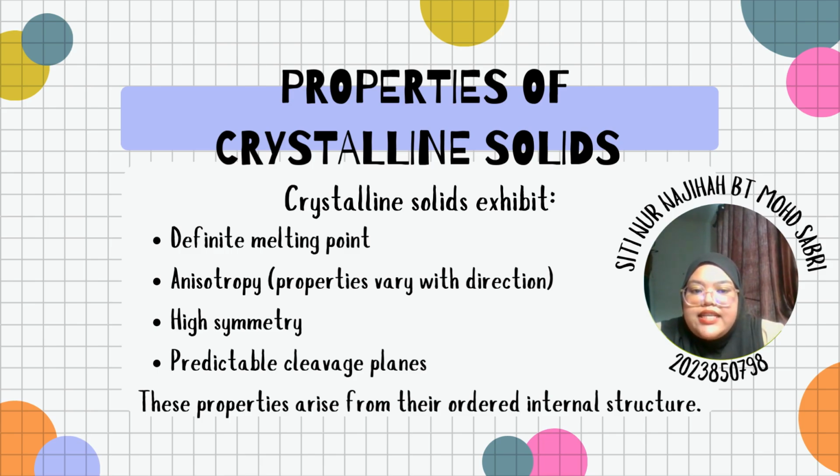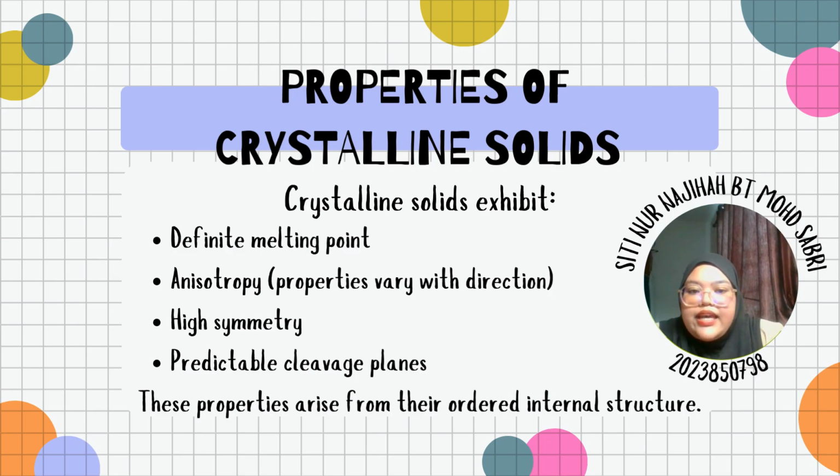Second, crystalline solids show anisotropy. This means their properties such as refractive index, electrical conductivity, or hardness can vary depending on the direction in which they are measured. This happens because the arrangement of particles is not the same in all directions.